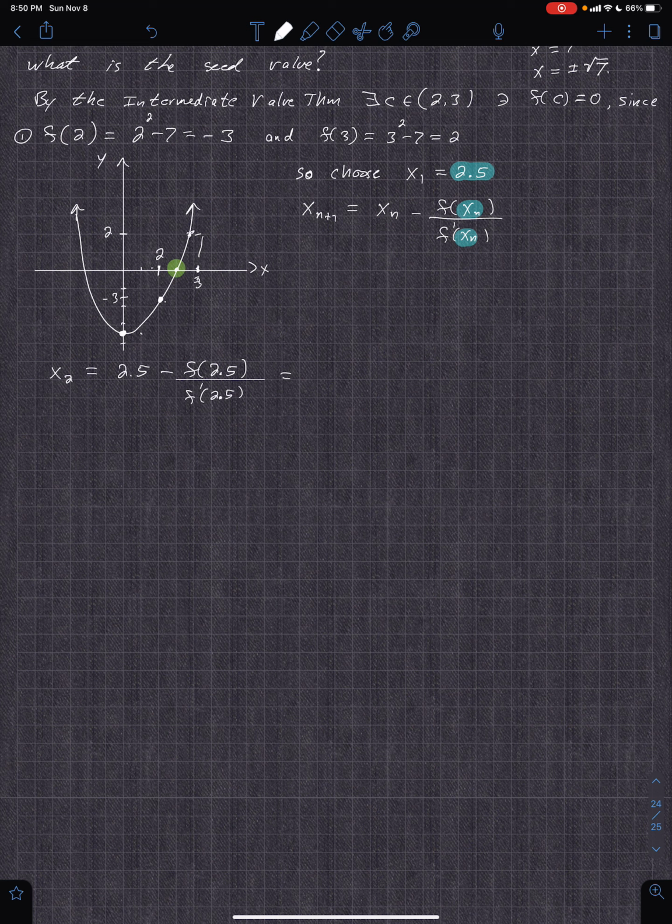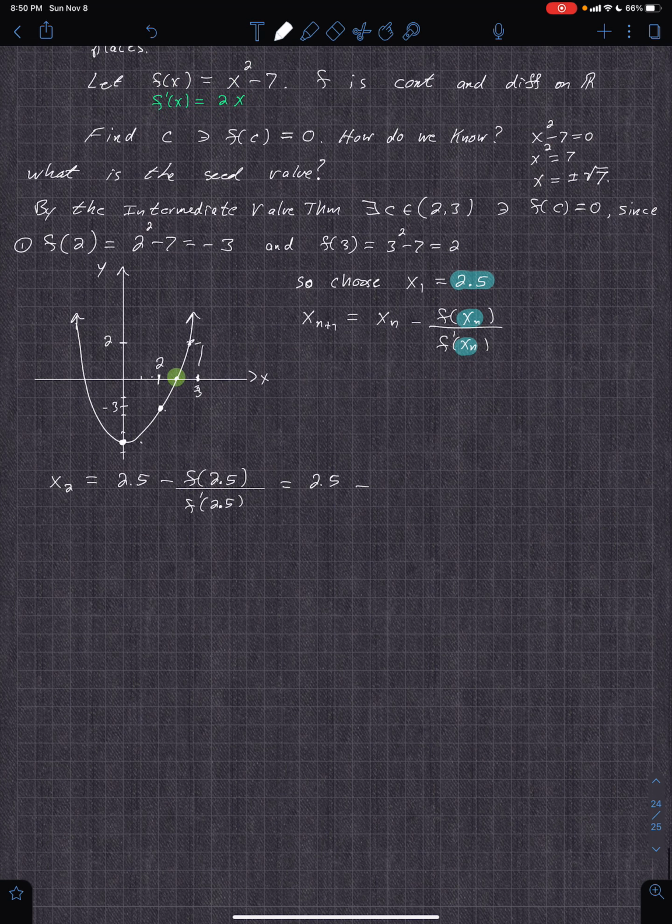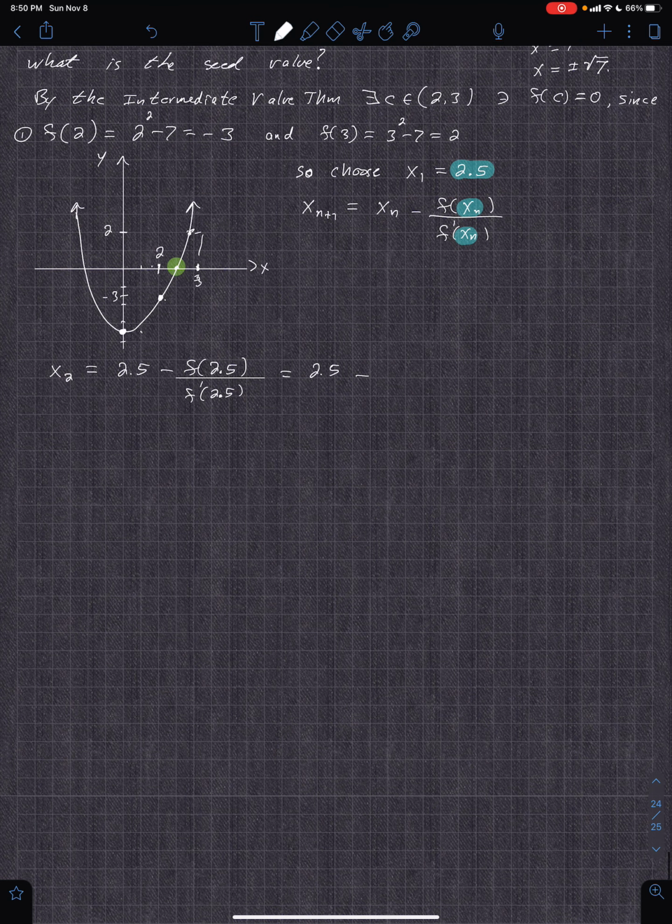You can pause and kind of get ahead of me here. So 2.5 minus, and then you're substituting into your function value, which is x squared minus 7. So this is 2.5 squared minus 7, that's in parentheses, over 2 times 2.5, because f prime is just 2x.